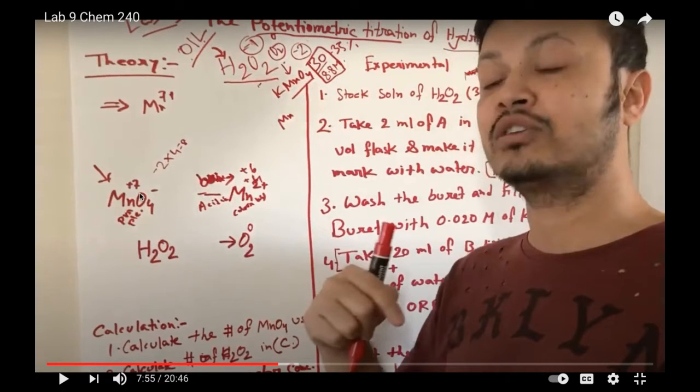KMnO4 is acting here as an oxidizing agent or reducing agent? Anyone answer? Here it goes +7 to +2 or +4 or +6, so is it oxidizing or reducing?